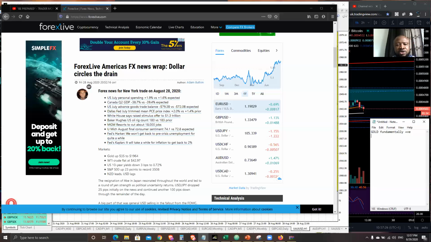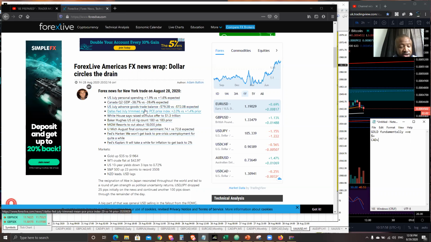Then you look into the technical factors that are likely to affect the price where it is on the chart. So knowing that the US dollar strengthened into the end of the week, the Canadian Q2 GDP minus 30.7%, that cut to strengthen into the end of the week.